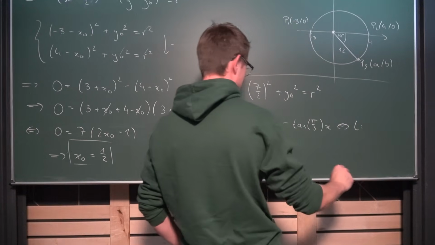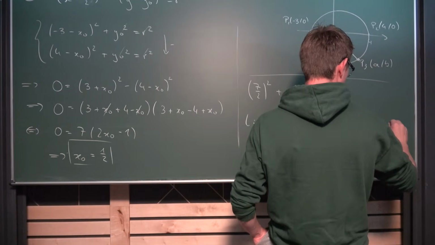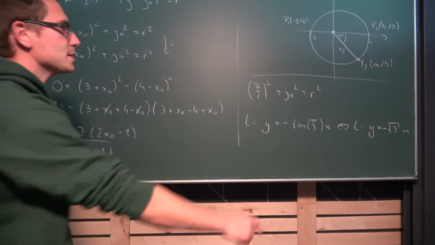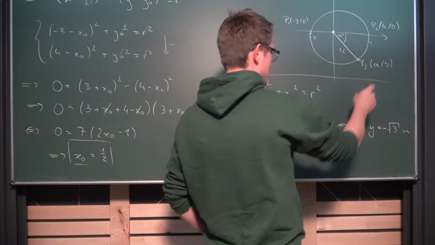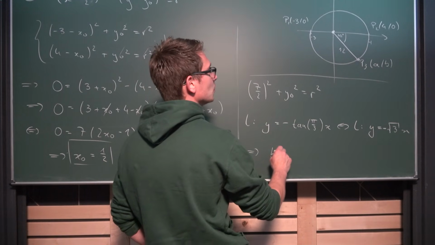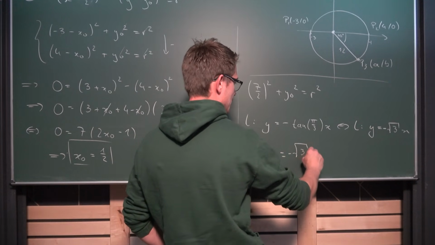That's equivalent to saying L is equal to, I hope it's equivalent, y equals negative square root of 3 times x. Now, since our point P3 is a and b, we also get, when plugging this in, that b is the y coordinate. b is equal to negative square root of 3 times a.